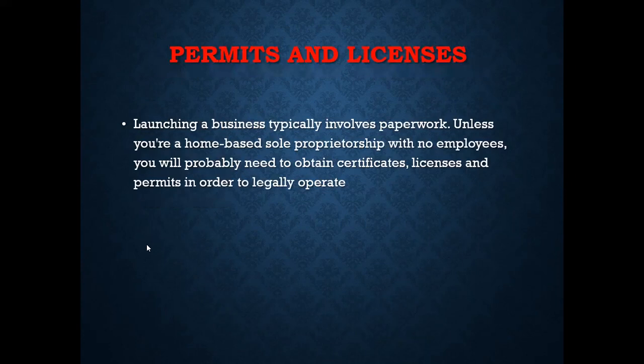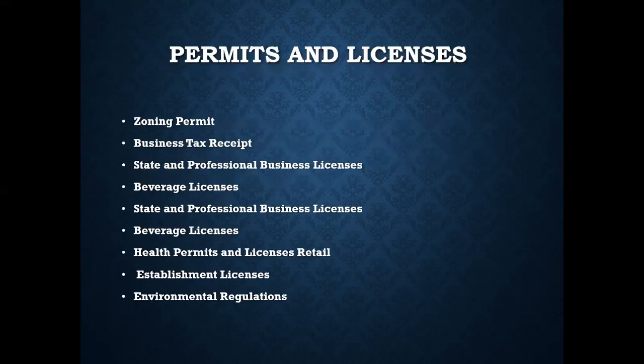So the other important process in bringing your business to fruition is making sure you have the necessary permits and licenses. Some of the permits and licenses include zoning and a business tax. Now in Florida, it's called a business tax receipt. It's in other places called sales tax.